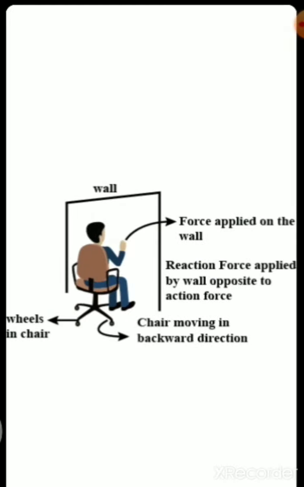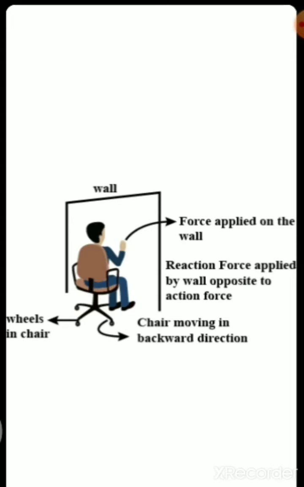Here you can see that one force is applied on the wall, and a reaction force is applied by the wall opposite to the action force. So which one is the action force and which one is the reaction force here? The force which we apply on the wall is the action force. At the same time, the reaction force is applied by the wall opposite to the action force.